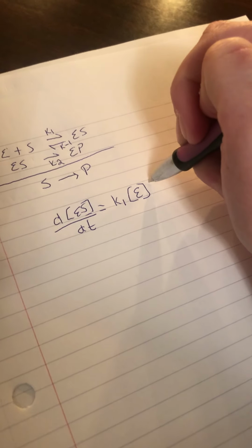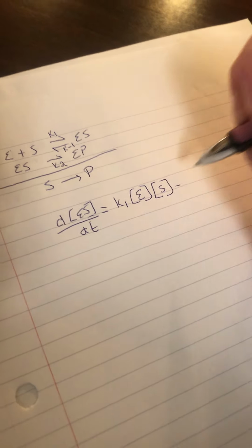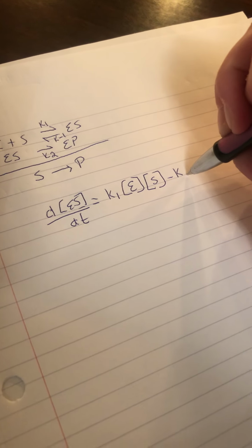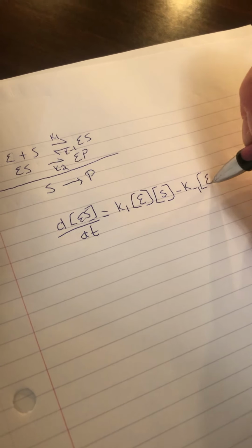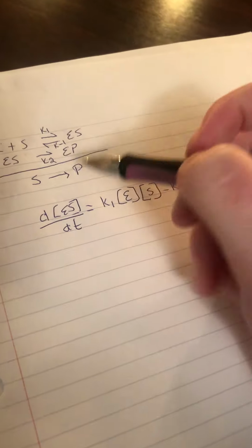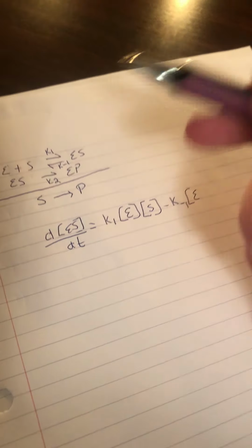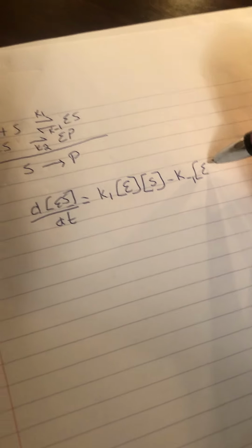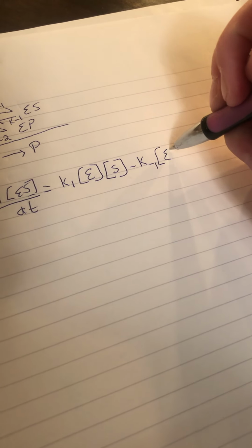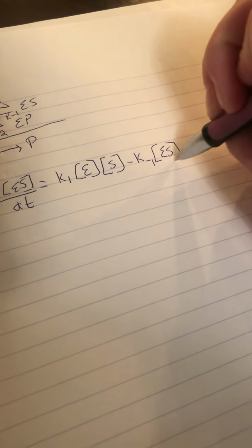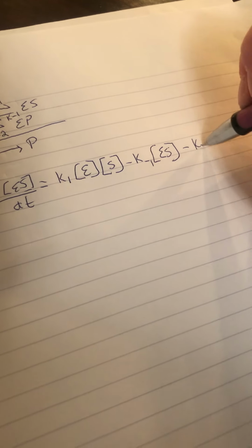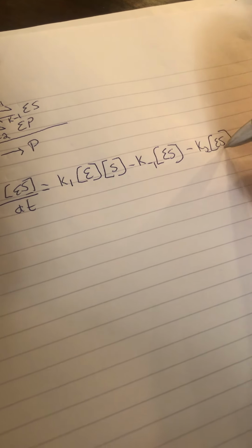This is basically a really long equation saying that K1 times E times S, minus K negative 1 times ES, minus K2 times ES, equals 0.